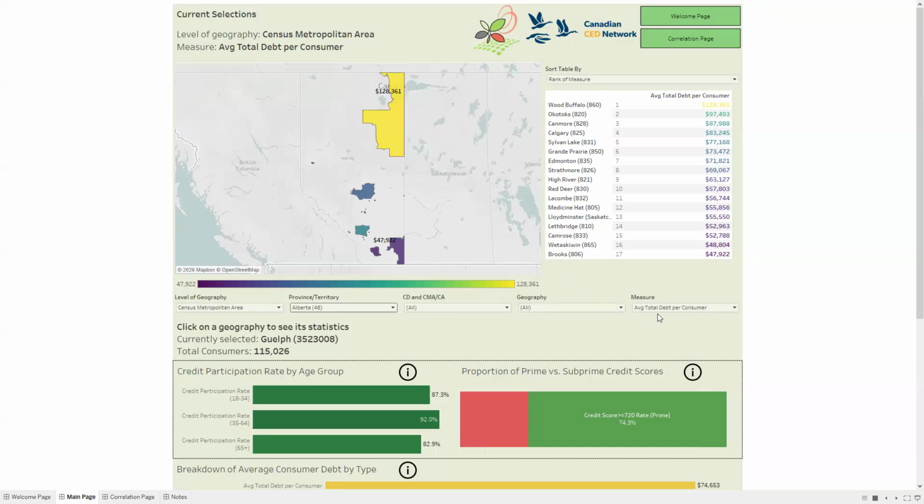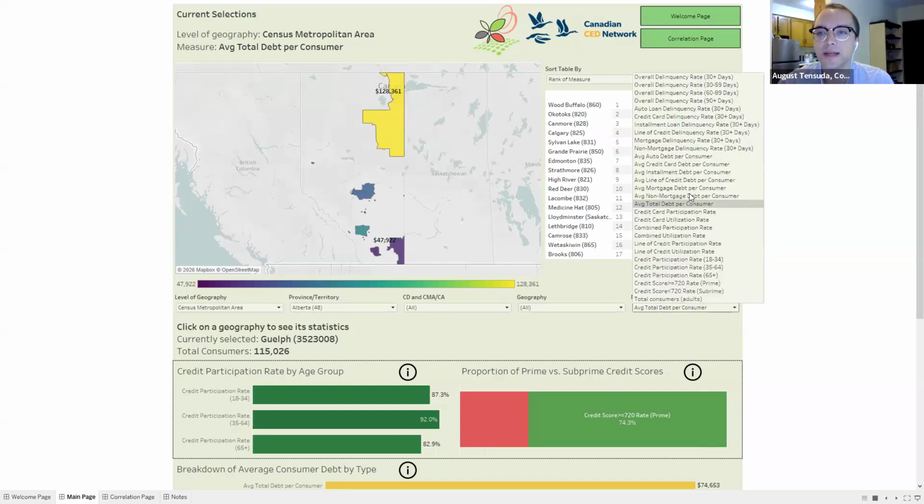We can also change the metric here to any of these from the drop-down. So we have delinquency rates for overall across 30 days, 30 to 59 days, 60 to 89 days, 90 days. And then we have the different trade lines. So auto loan, credit card, installment, line of credit, mortgage, non-mortgage delinquency rates. And then we have average debt per consumer for those as well.